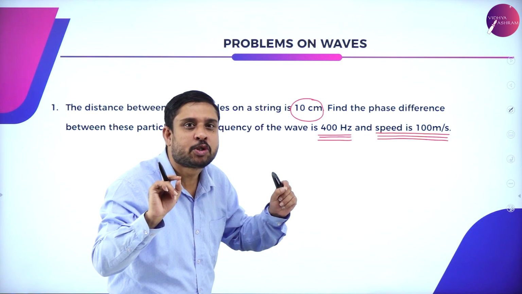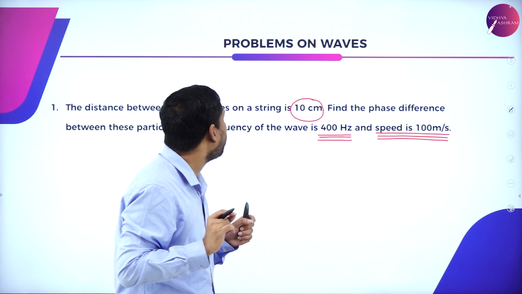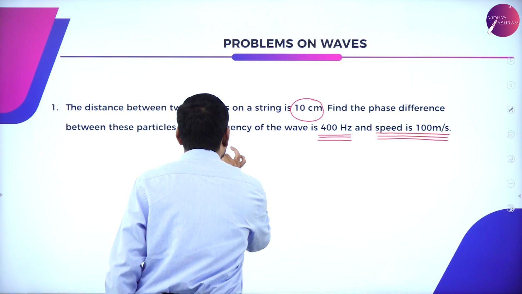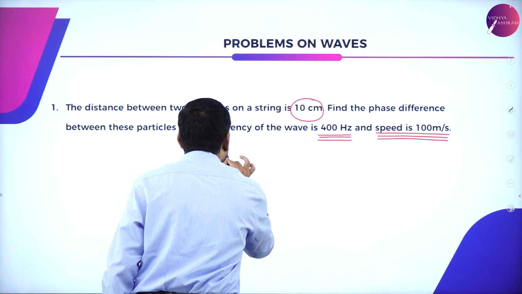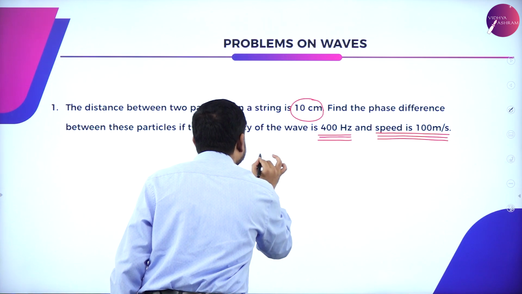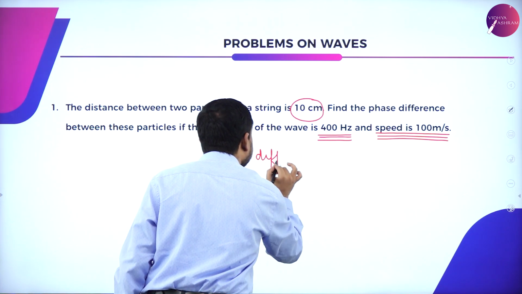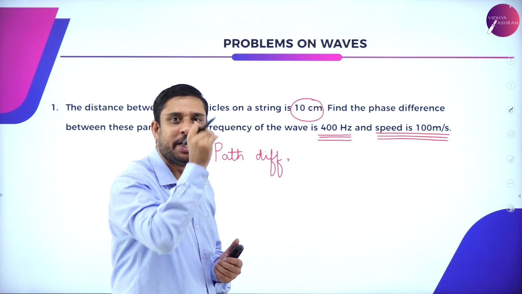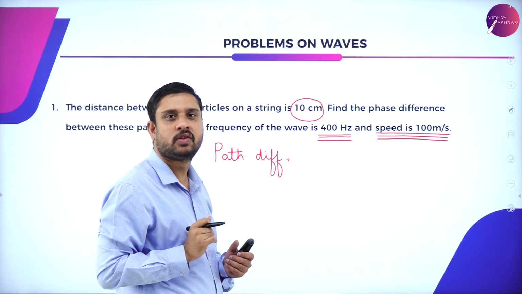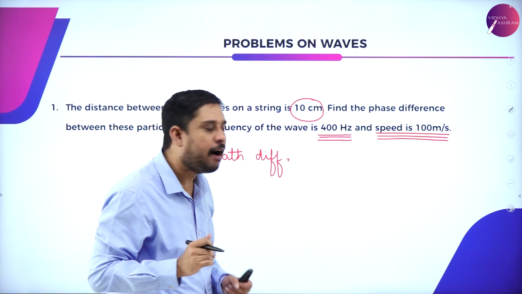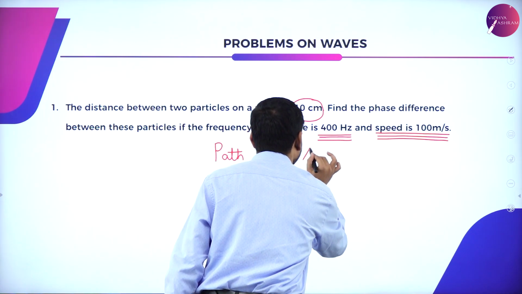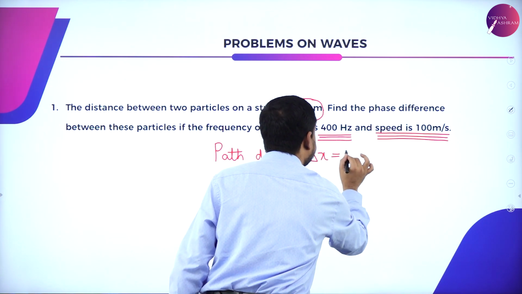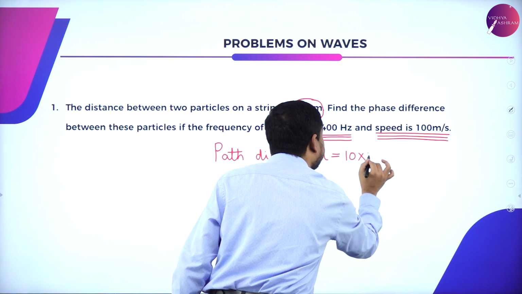The distance between two particles on a string, I call that path difference, delta x, is 10 centimeter.